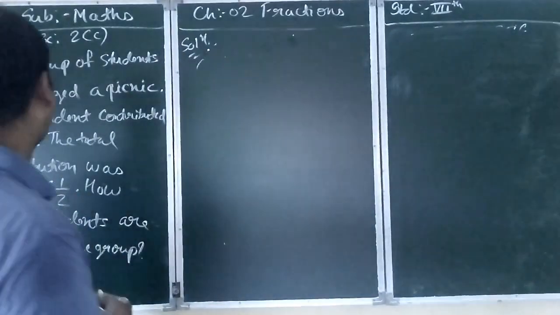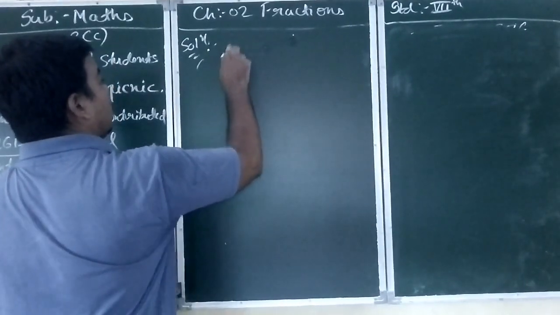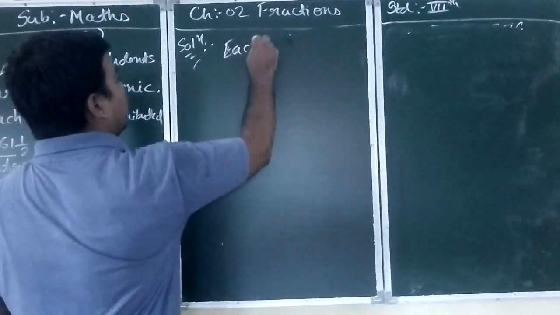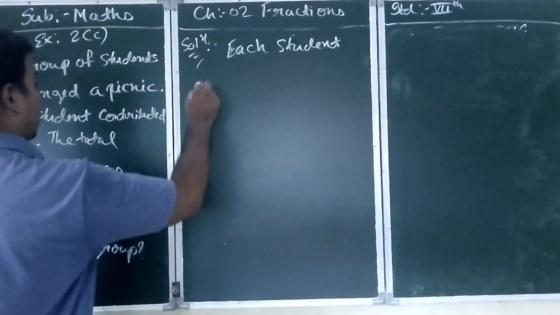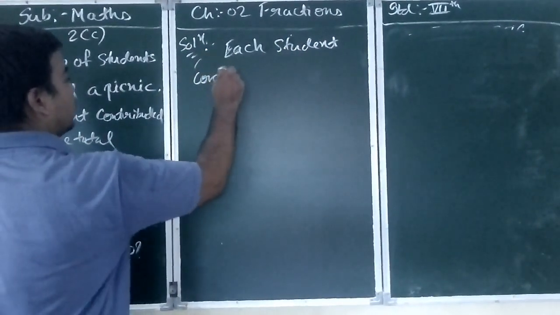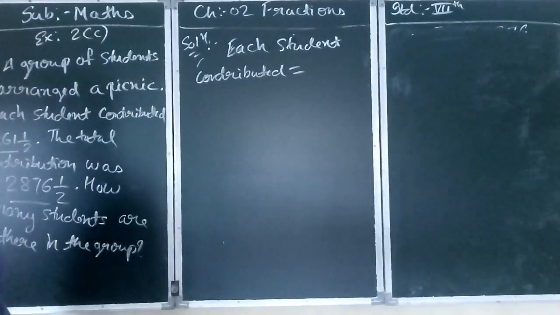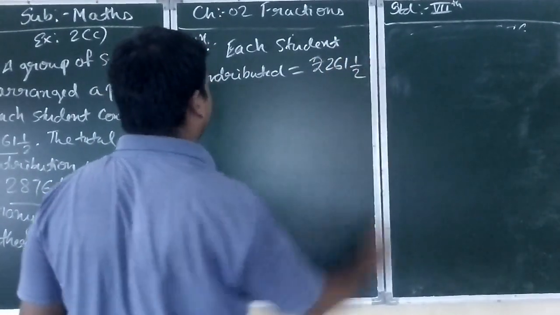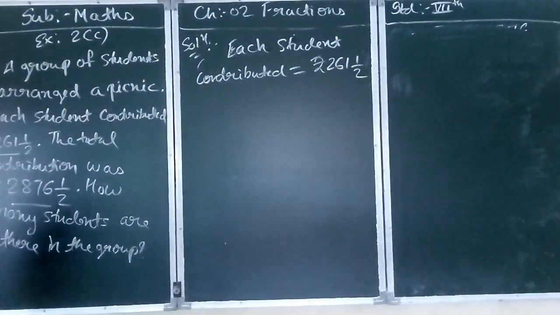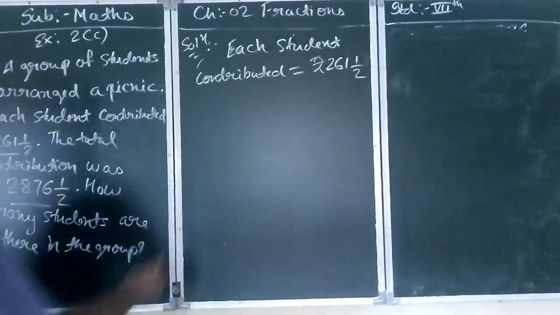Okay. So first of all, each student contributed rupees 261 1/2. Then the total contribution was 2876 1/2.